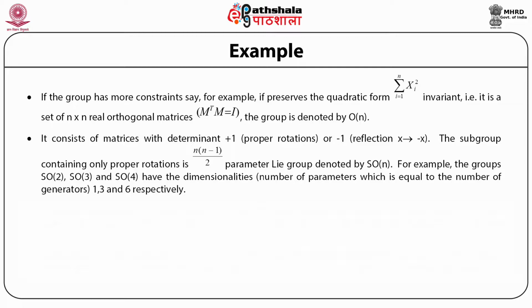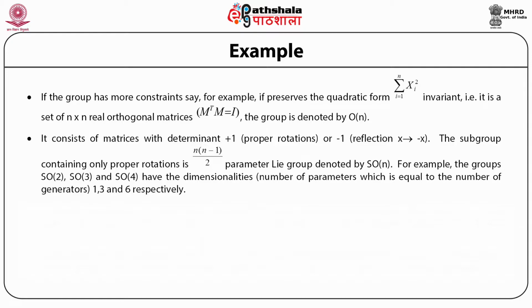For example, the groups SO(2), SO(3) and SO(4) have dimensionalities, that is the number of parameters, which in turn is equal to the number of generators, equal to 1, 3 and 6 respectively, from the expression that the number of independent parameters is given by n(n-1)/2. For n equal to 4, it is 6, and SO(4) has 6 parameters.